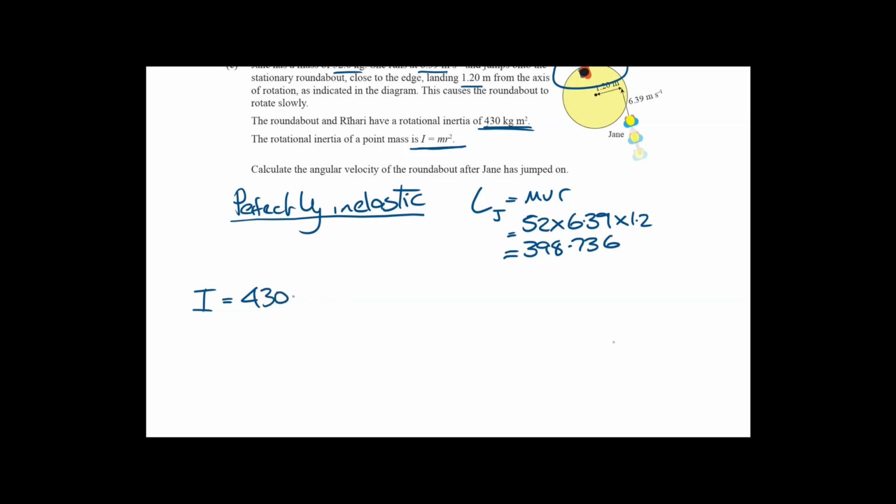kilogram meter squared plus, and now we have Jane. So Jane is also now a member of the system, times 1.2, this one here, squared. So this is going to be some other number.